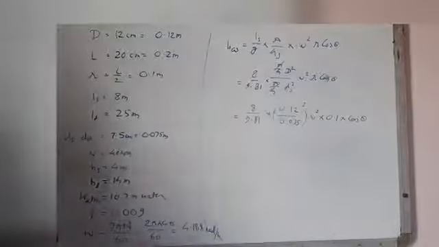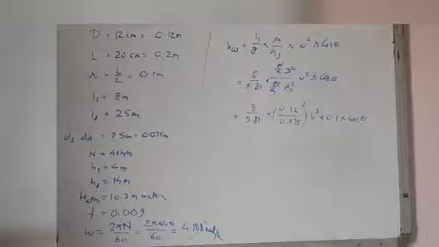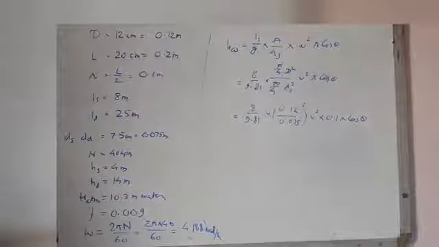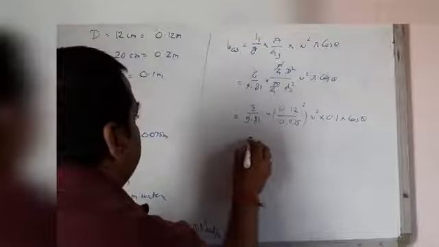At the beginning, theta is equal to 0. Now this value comes 3.66 cos theta.